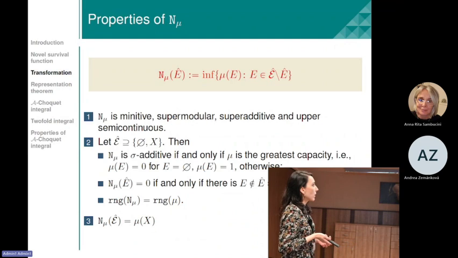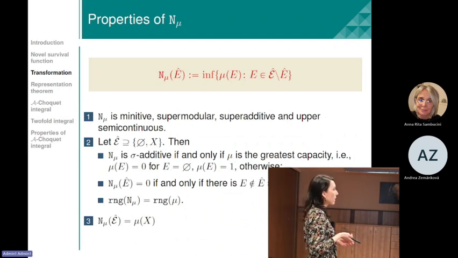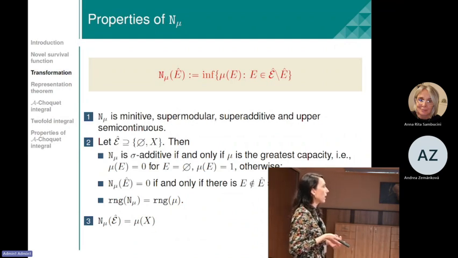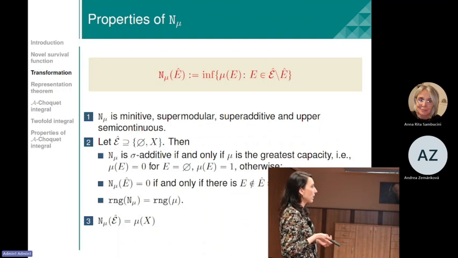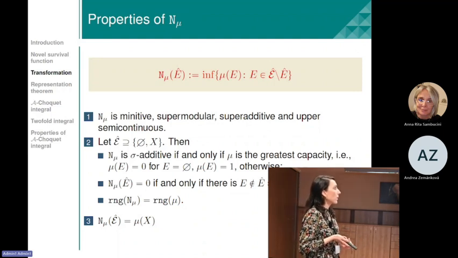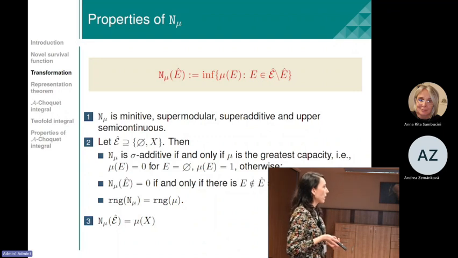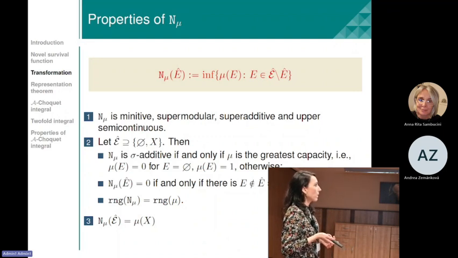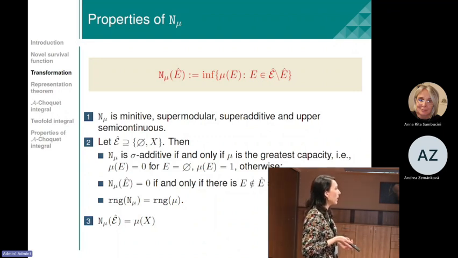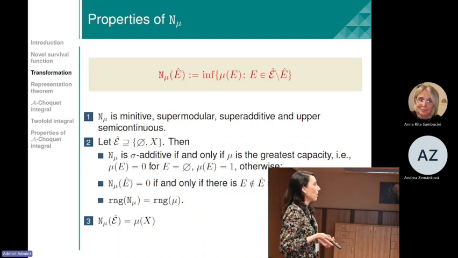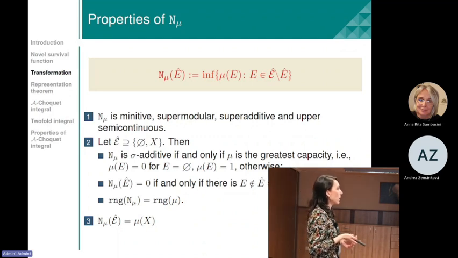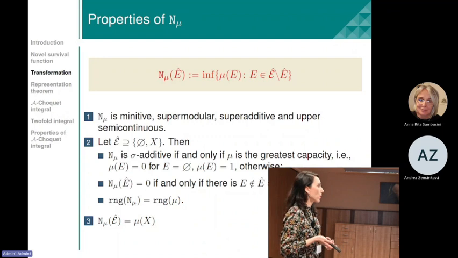If we consider the collection containing the empty set and the basic set X, then NME is sigma additive if and only if mu is the greatest capacity. Further, NME vanishes if and only if the measured family of sets doesn't contain a set of measure 0.